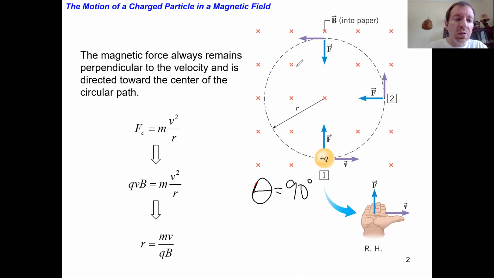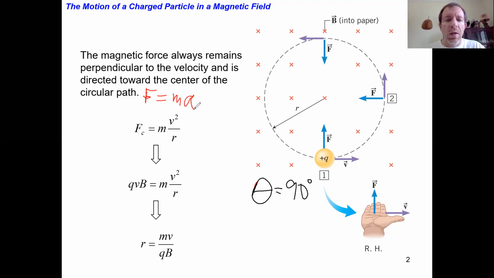Net force is always equal to ma. But if this thing is moving around in a circle at constant speed, then the acceleration is going to be equal to v squared over r. That's centripetal acceleration.